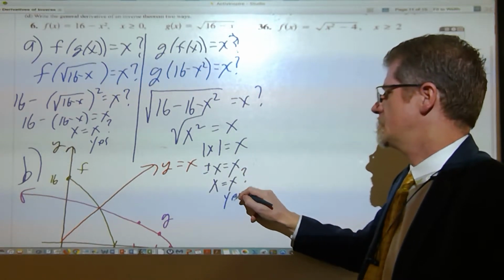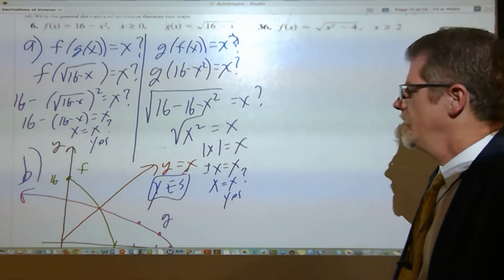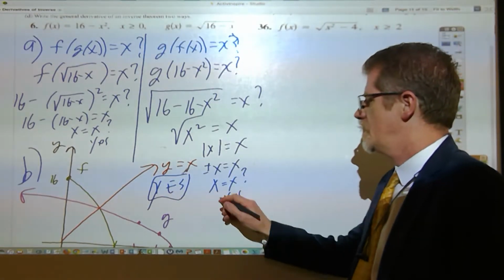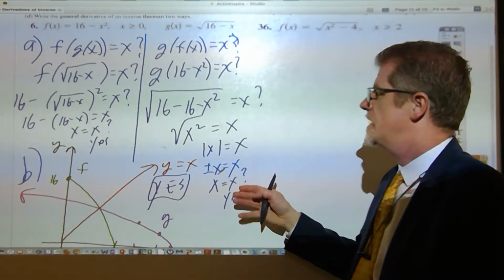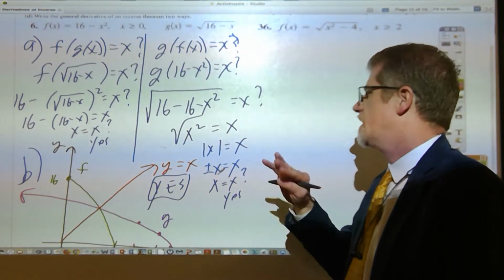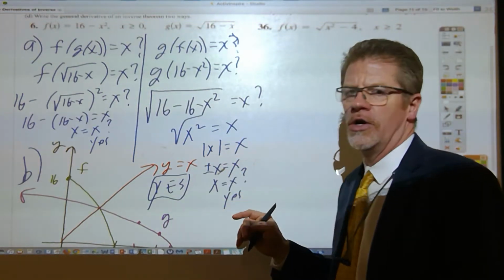The answer is yes. Therefore, the overall answer is yes. Anyway, I'm not going to be upset if you skip the absolute value line. That's fine. So, no calculus yet. This has just been pre-calculus review. Any questions on parts A or B?